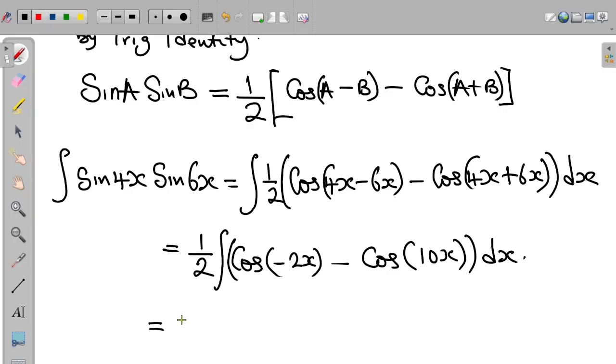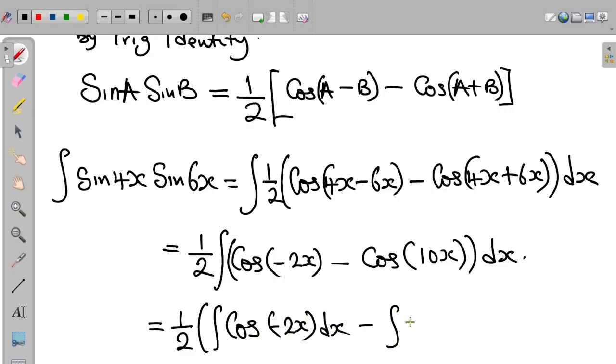So therefore, the expression can now be written as integral of cos minus 2x dx minus integral of cos 10x dx.